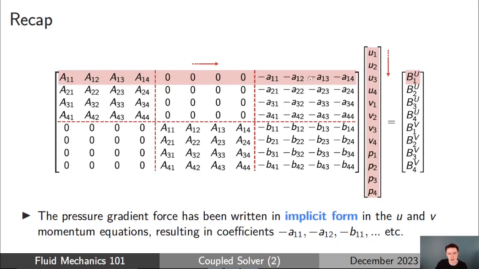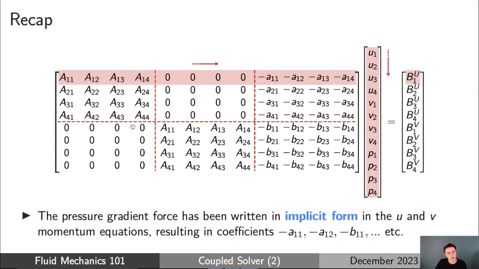If we read across and then down, we've got A11 U1 plus A12 U2 plus A13 U3, A14 U4. No contribution from V because the U and V momentum equations are independent. And then we've got the minus A11, A12, A13 and A14, P1, P2, P3 and P4. This is the implicit contribution of the pressure gradient force that we looked at before. And then we've got the source term on the right hand side.